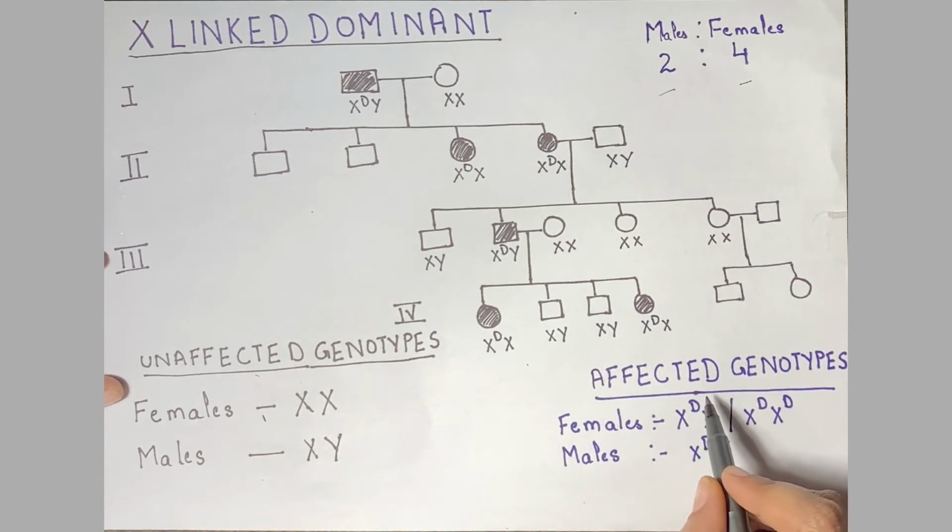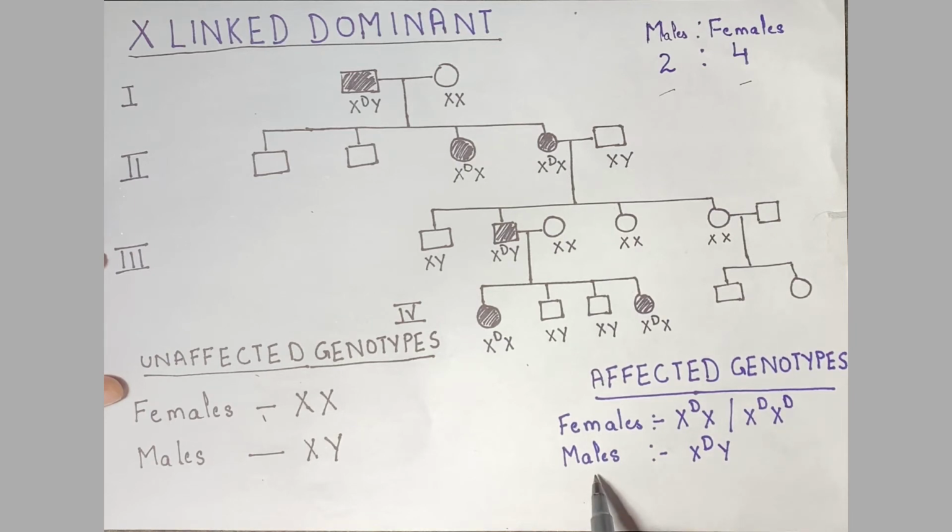Affected females will have either 1 X chromosome or both X chromosomes with the dominant disease-causing gene. Since males have a single X chromosome, a single copy of the gene on the X chromosome is enough to cause the disease phenotype.